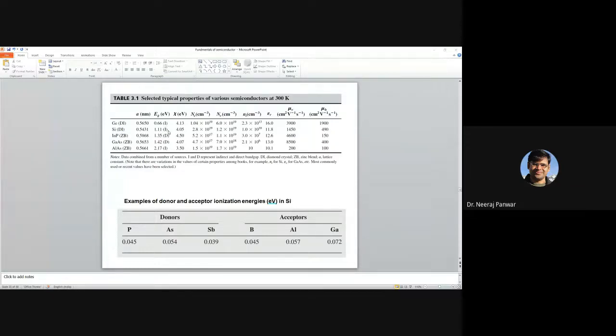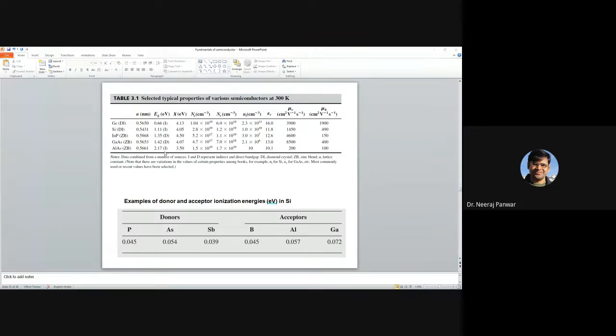So germanium and silicon are indirect band semiconductors, and all other binary semiconductors are direct band semiconductors, except aluminum arsenide, which is also an indirect band semiconductor. I told you that for making LEDs, light emitting diodes, and semiconductor lasers, only direct band semiconductors are used, not indirect band semiconductors.